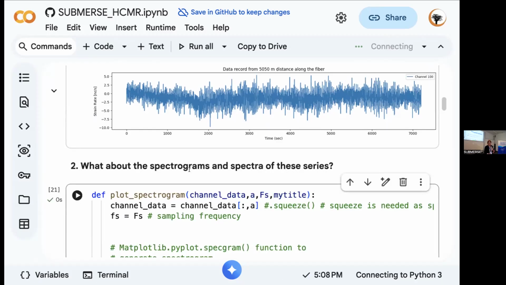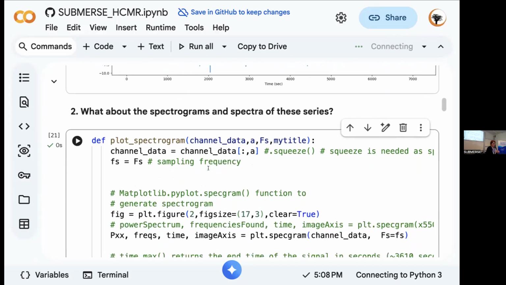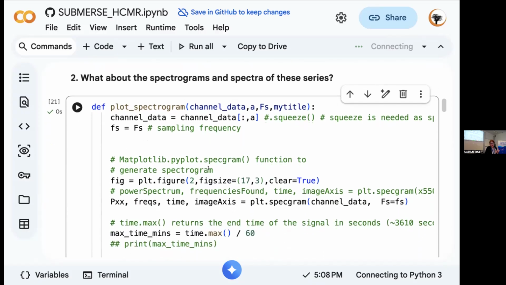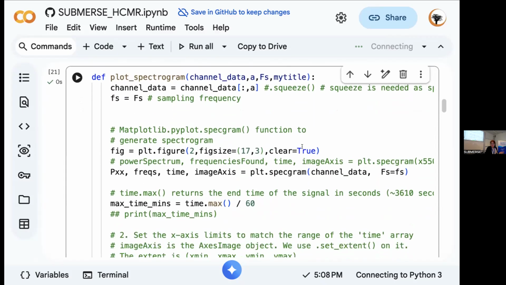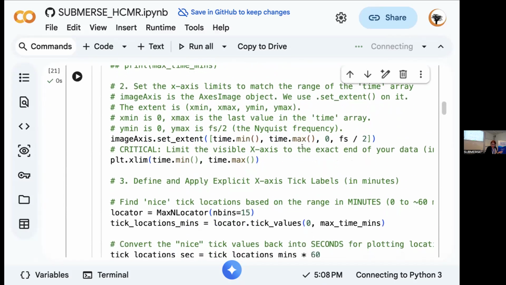A lot of the techniques that we're using are somewhat standard to techniques used when we process other types of data, like seismic data, although the data doesn't look exactly the same. So we look at spectrograms: what do the frequencies look like as time goes by?